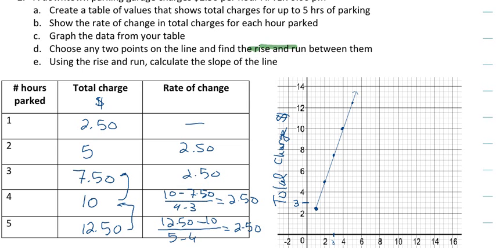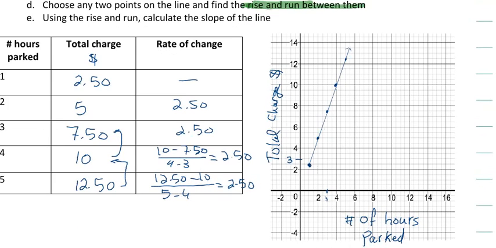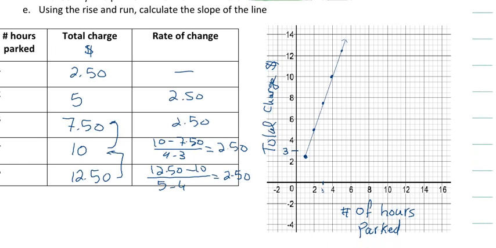Any 2 points, right? It doesn't matter which 2 points. You can pick 2 points, I can pick 2 points, and we're going to end up with the same answer. So which one do you guys want to find? Let's do this, just for fun. Let's go from here to here.